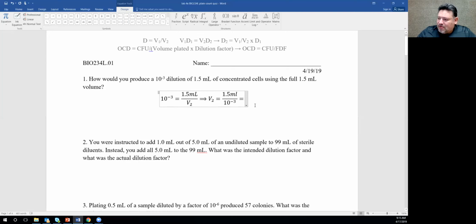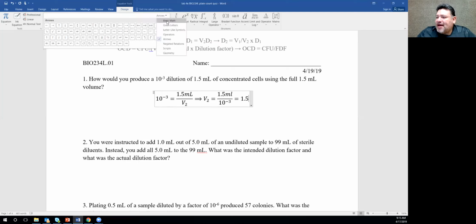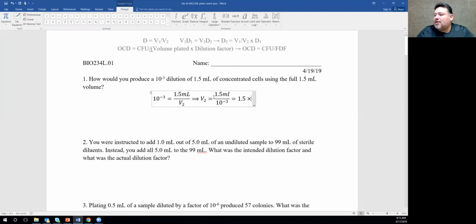So this is equal to 1.5 times 10 to the third mLs. Okay. Notice that instead of having a -3, now I have a +3 because the exponent went to the numerator.